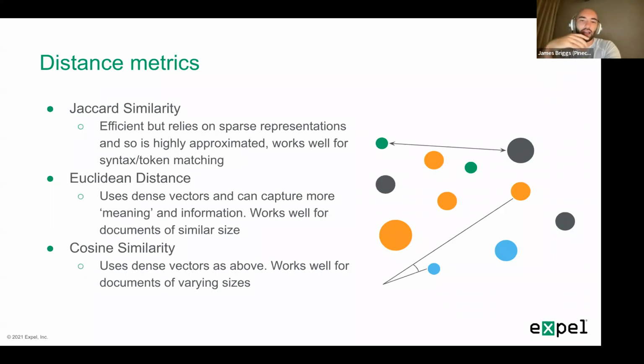What we're saying for Jaccard similarity is how many tokens are shared between documents or strings of text. The more that are shared, the more similar the documents are. This is okay and it works, but in this case, we're only really capturing similar words, not really the meaning.